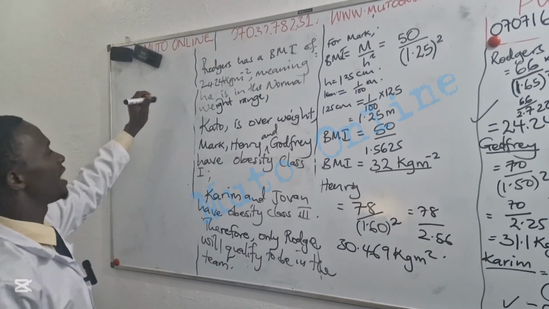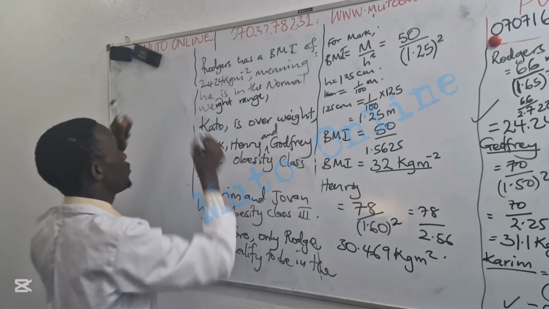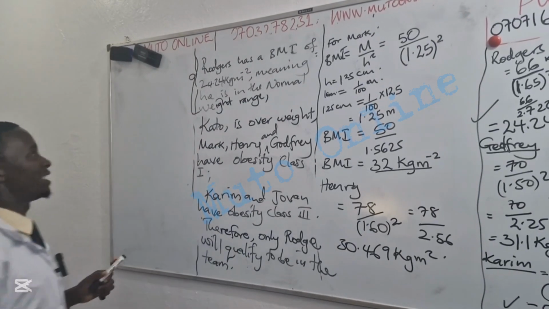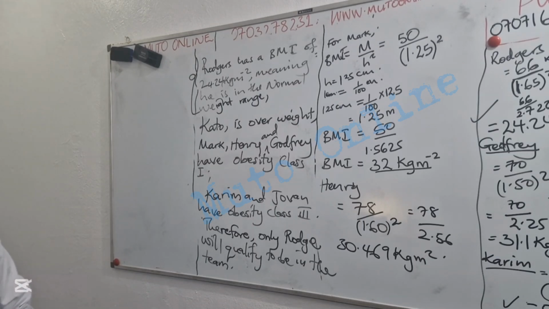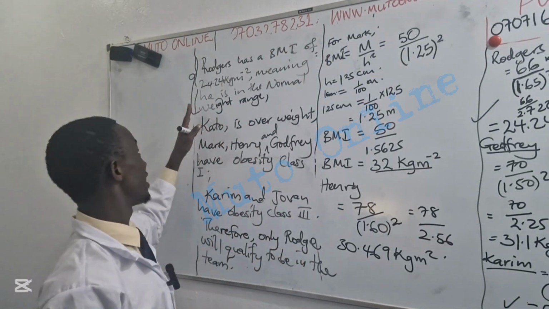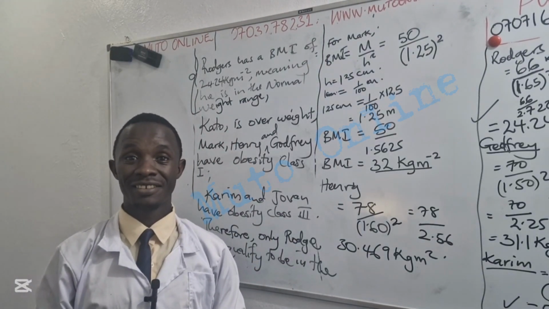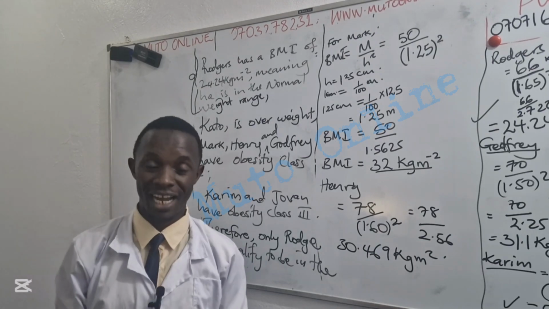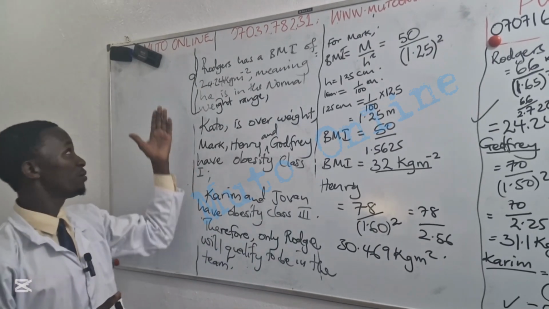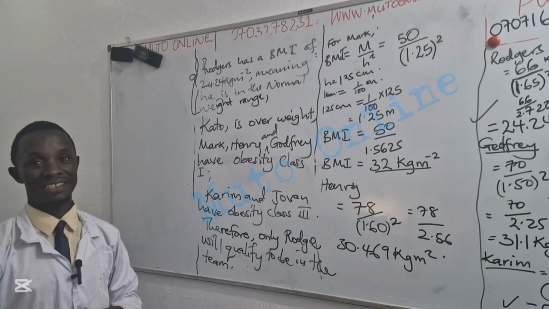I think we don't have any advice for Rogers because Rogers is having a normal body weight. The only advice we can give him is to continue with the diet he is using, or to keep the physical exercise on to maintain the weight.